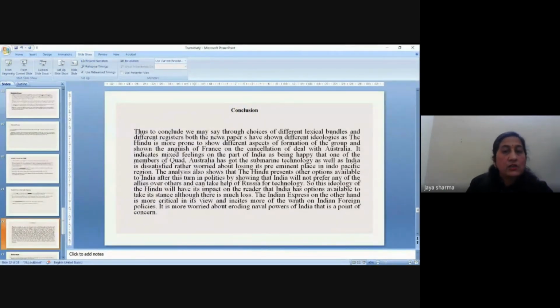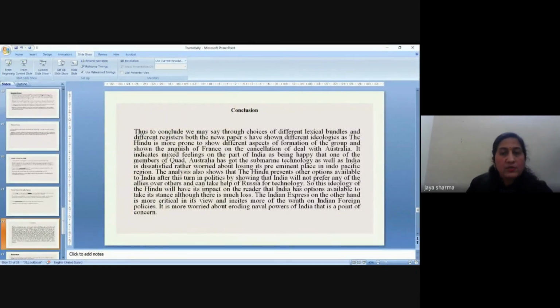The analysis also shows that the Hindu presents other options available to India after this turn in politics, by showing that India will not prefer any of the allies over others and can take help of Russia for technology. So this ideology of the Hindu will have its impact on the reader, that India has options available to take its stance, although there is much loss.